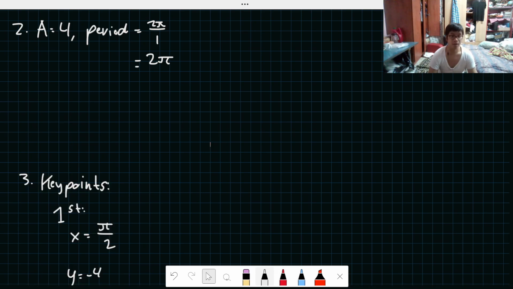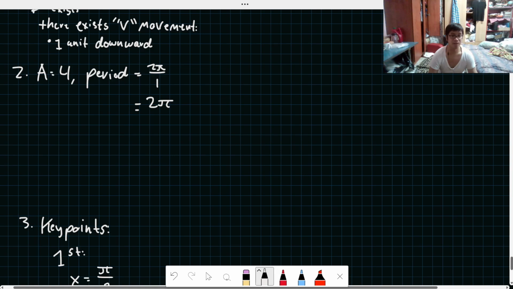Since we have negative 4, the graph will flip vertically.